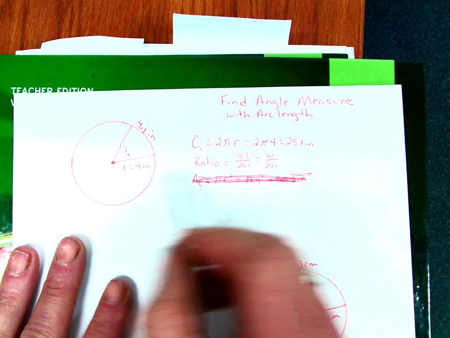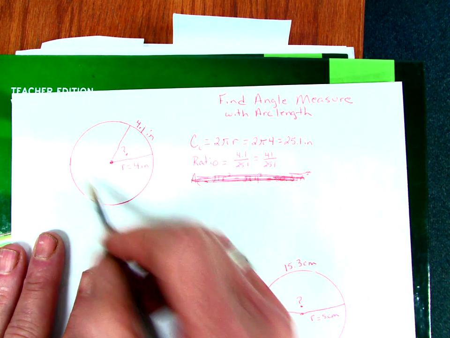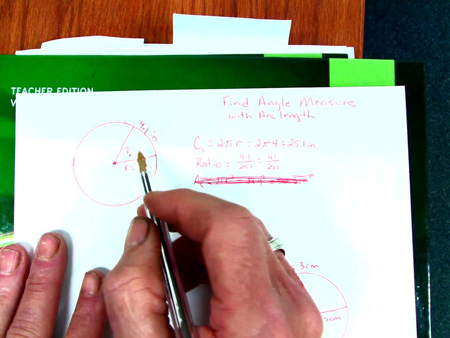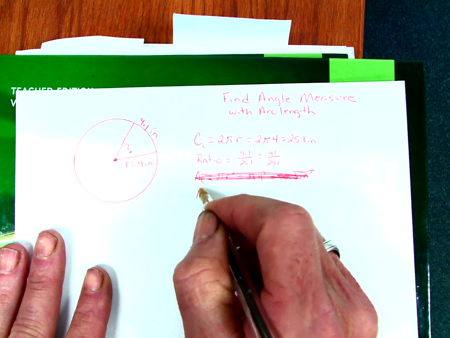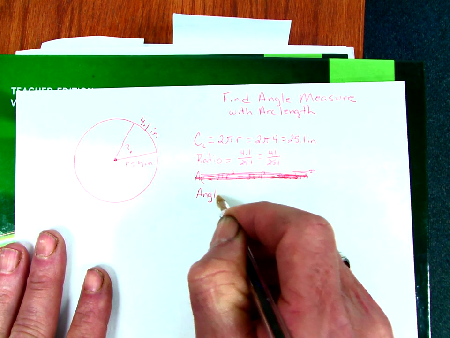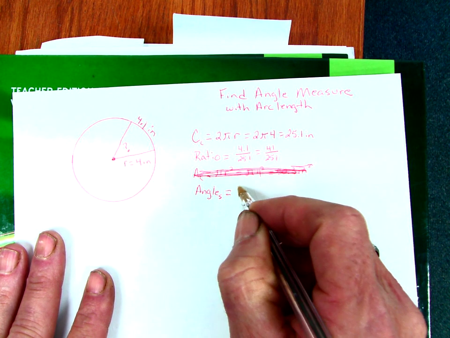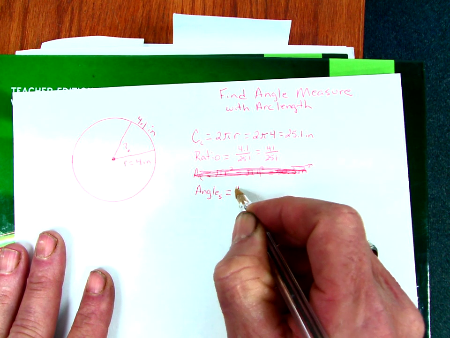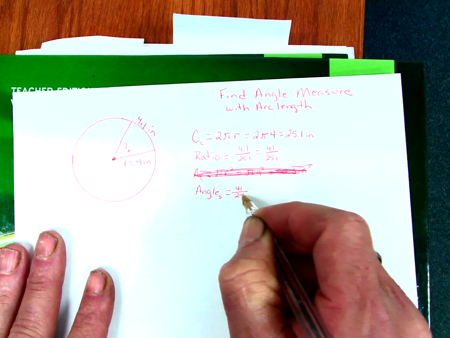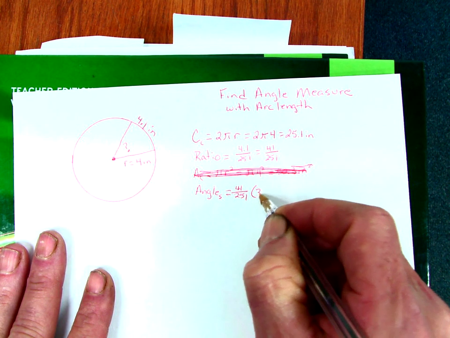An entire circle is 360 degrees. So the angle measure of our sector is going to equal our ratio times 360.